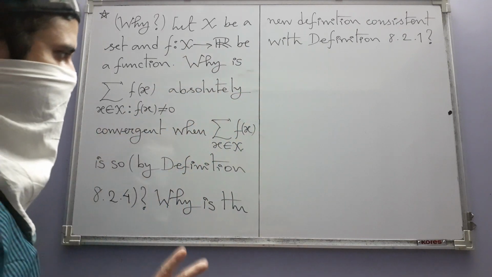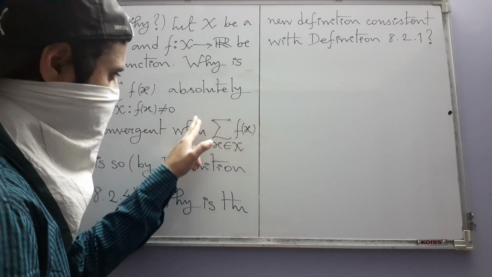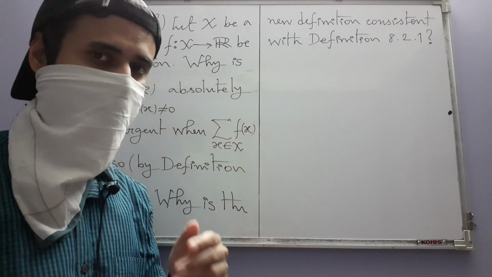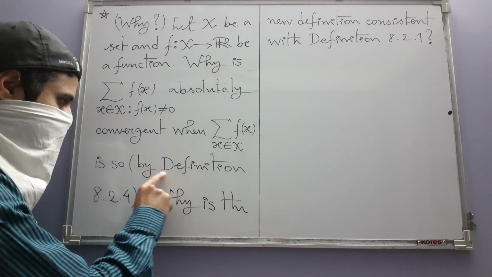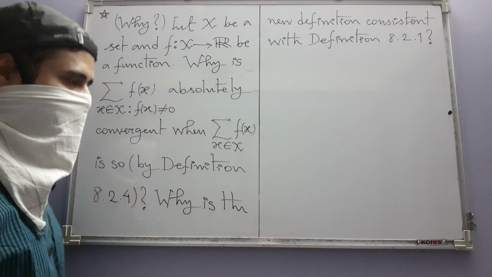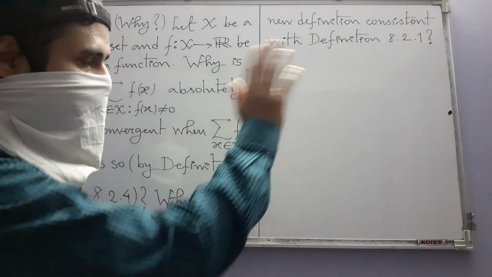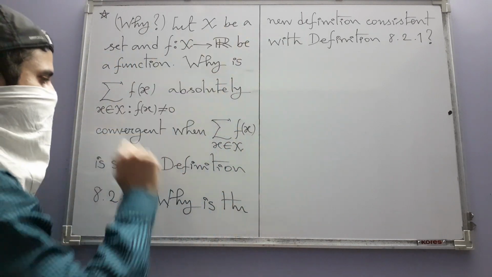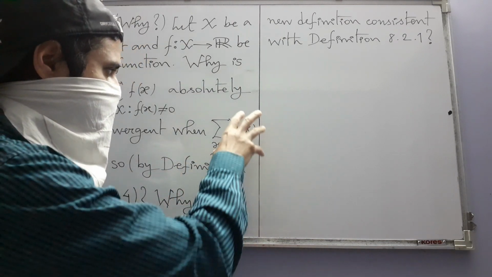Now, the first thing we want to prove is, when this sum of all the f values as x varies over X is absolutely convergent by the second definition of absolute convergence, which is the bigger one, the extension of the first definition, of course, because X is arbitrary, so X may very well be uncountable also.